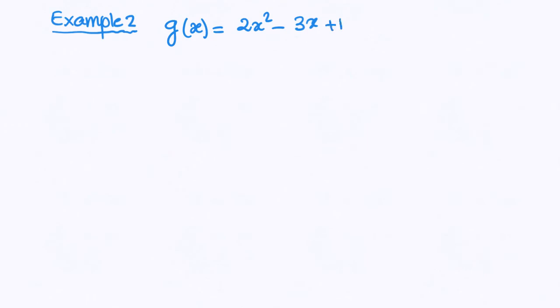Example 2. In a similar way, we're going to consider this time a function g of x, which is given by 2x squared minus 3x plus 1. And we will consider it on the interval [-1, 2].